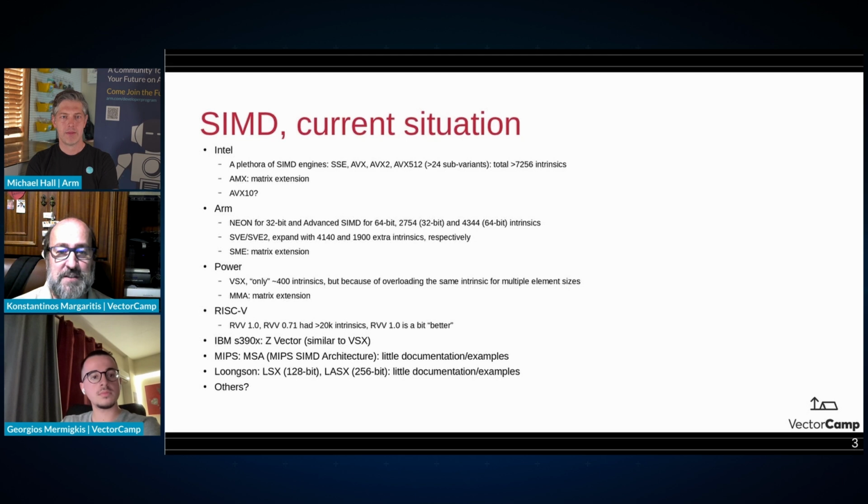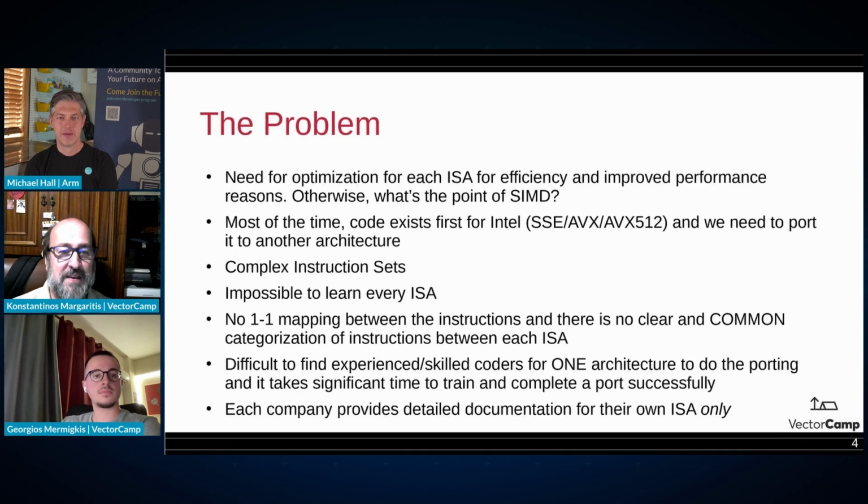And you have 7,000 intrinsics for Intel, 7,000 intrinsics for ARM, and RISC-V is a complete disaster. It's like 20,000 intrinsics. You cannot learn this stuff. It's impossible. And you have newcomers like the Loongson Chinese ones, etc. So let's just agree that it's a very complicated issue. You cannot learn this stuff.